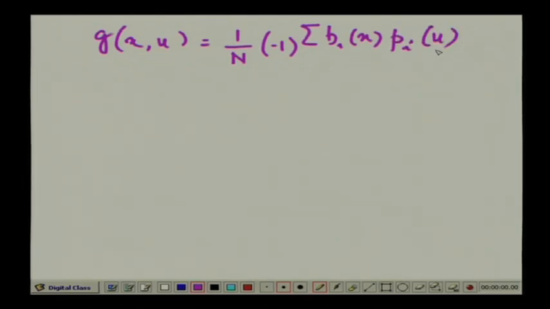Now, instead of b_i(u), we are writing p_i(u), where this summation is taken over i equal to 0 to lowercase n minus 1.